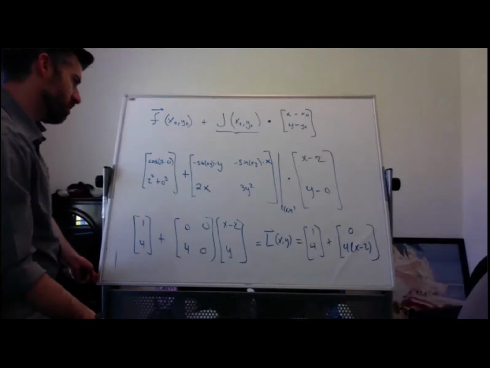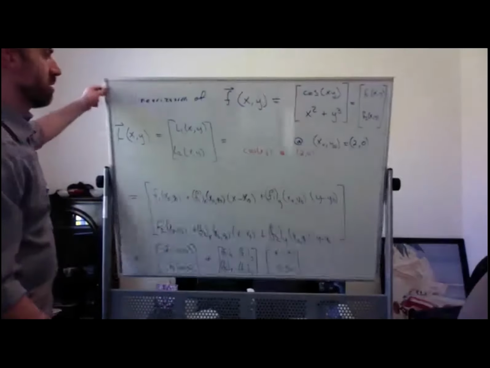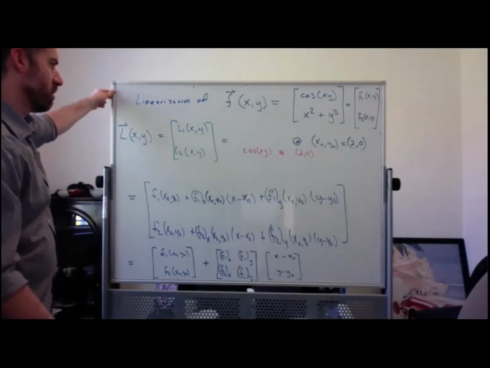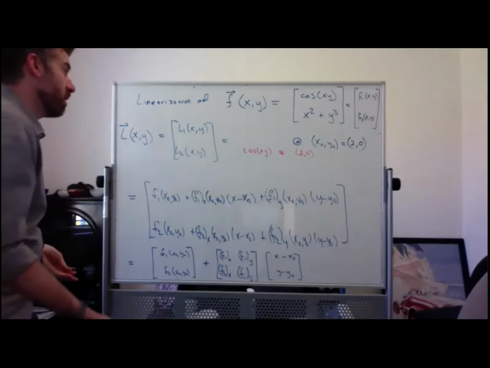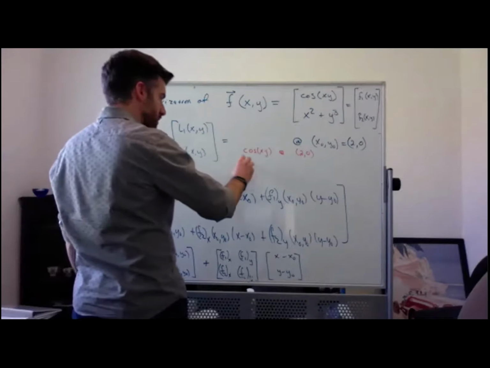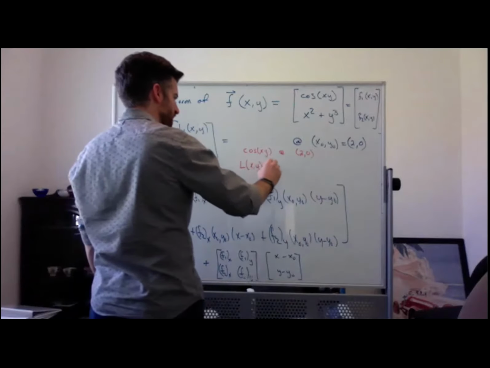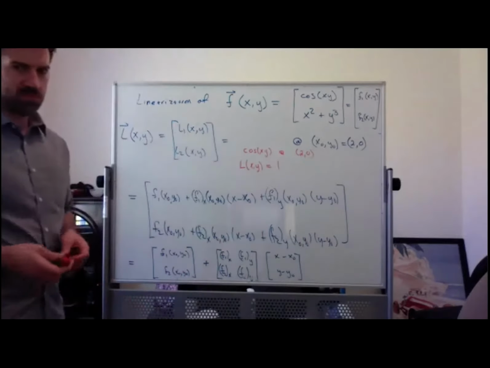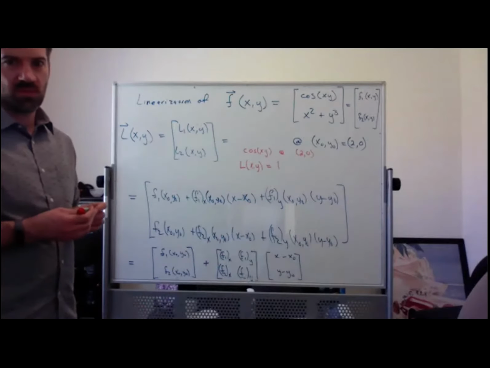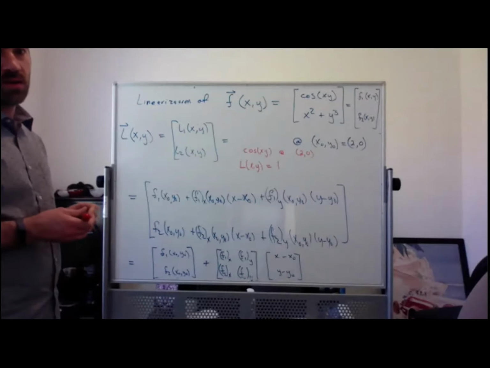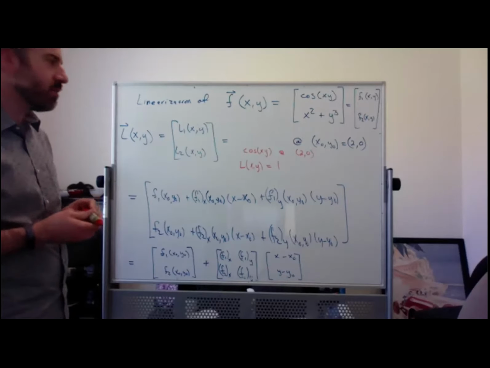That should be right. The linearization for this function is just 1. Which, okay, is kind of boring. That happens.